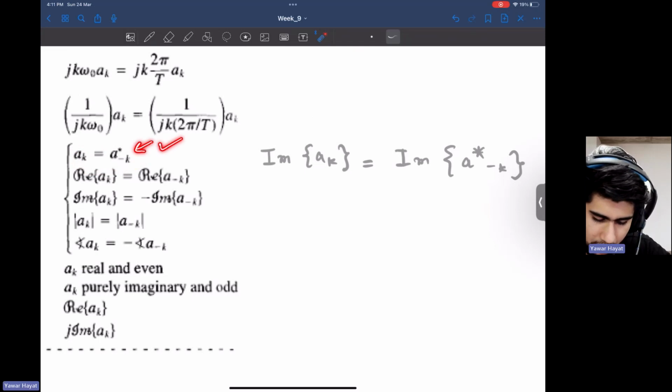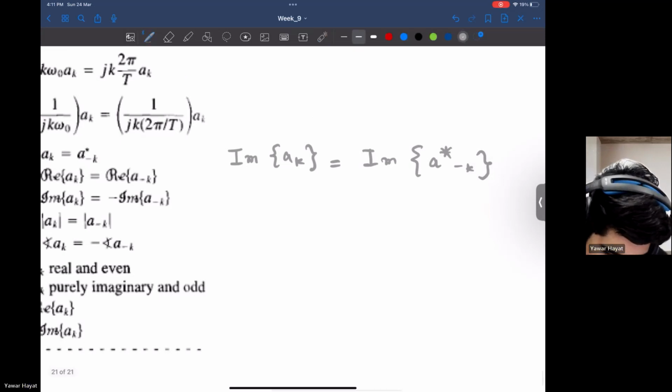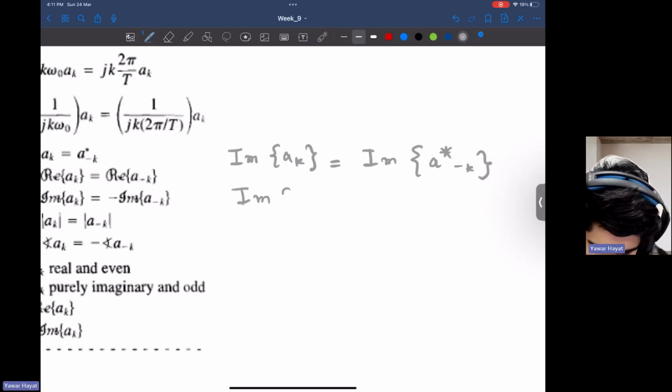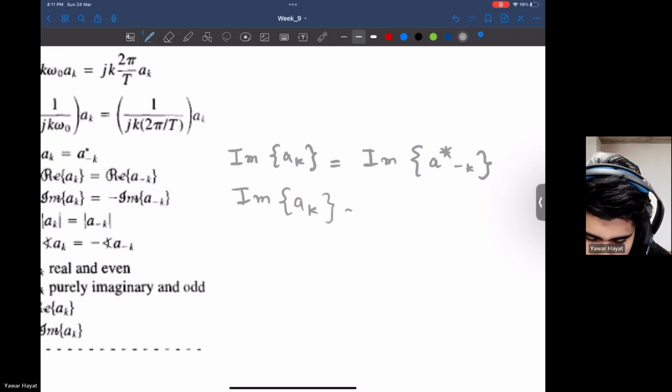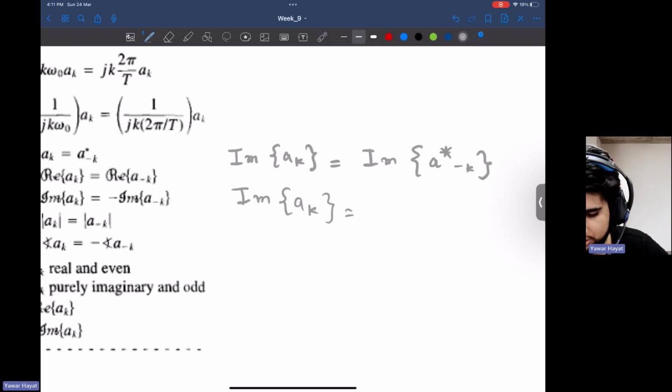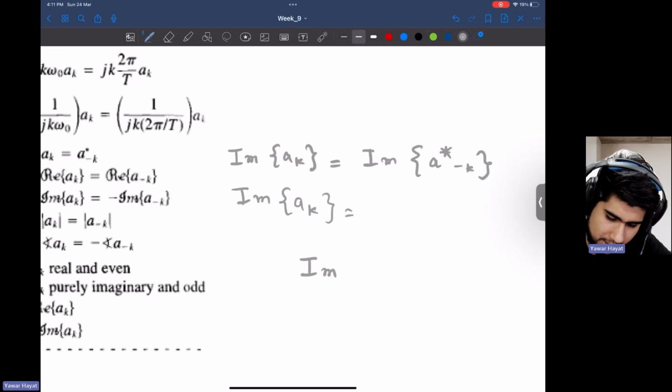For this one, we saw the proof already. I'm trying to prove this one right now. So this is the imaginary part of a_k. Now suppose a signal is complex conjugated. Suppose I have the imaginary part of A, and the imaginary part of A star.